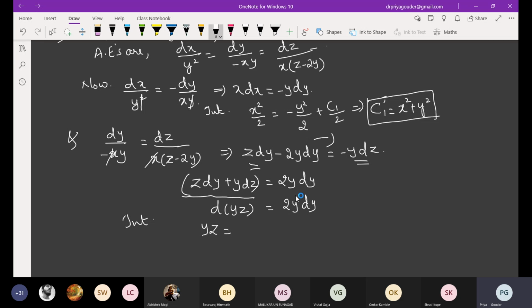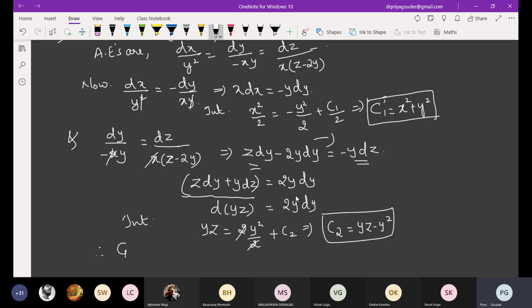So what is the integration of 2y with respect to y? Y square by 2, am I correct? Now there is no symmetry in the function. You take the constant as C2, no need to take C2 by 2 or anything. So what is C2 now? YZ minus Y square. Am I correct? This is the second relation we are getting.